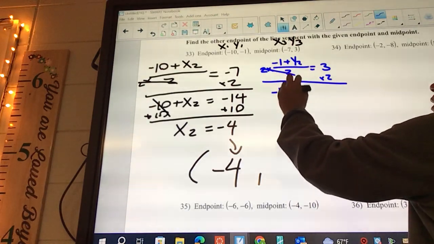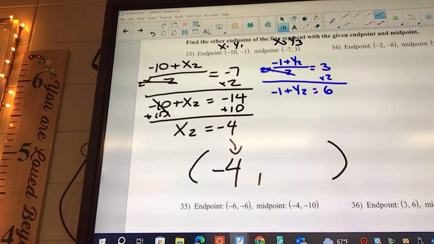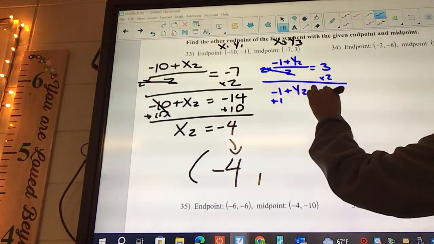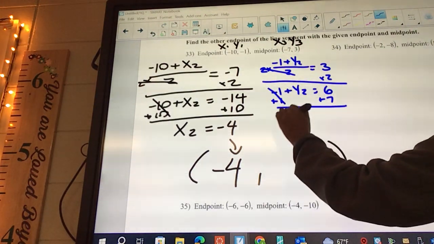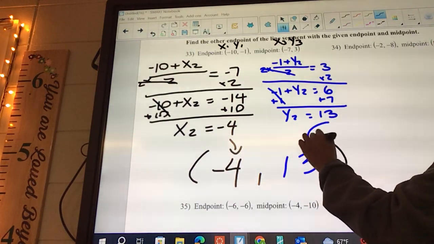So I get -1 plus y2 equals 6. Then are we going to add or subtract? We're going to add 1 to both sides, which is 13, and we're going to put that in that spot.